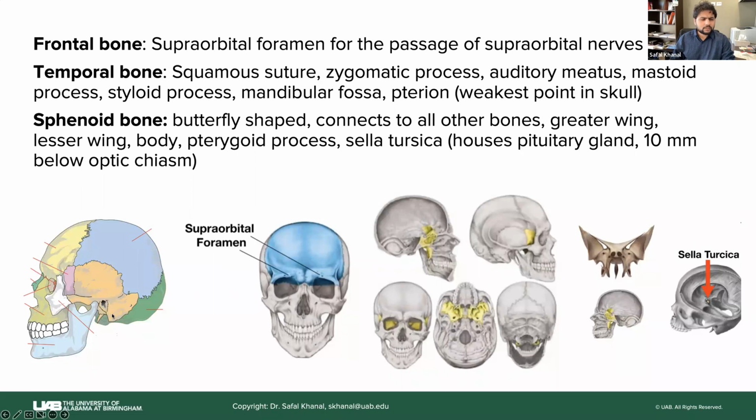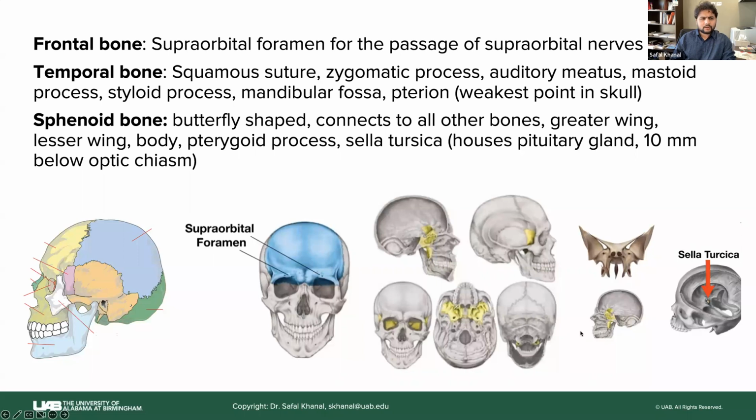Mastoid connects to the neck muscles. Styloid process connects to the tongue and the larynx. And there is a portion called the pterion, which is the weakest part of the skull. This is where the frontal, parietal, and temporal, as well as the sphenoid bone, connect. So this is the weakest point in the skull.